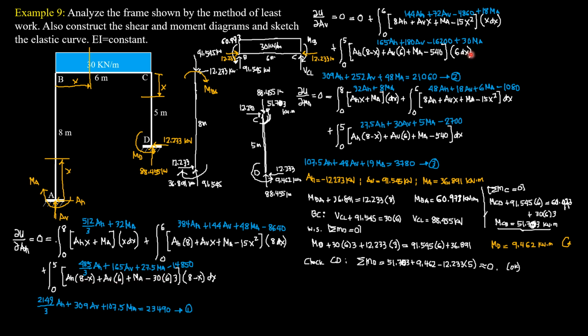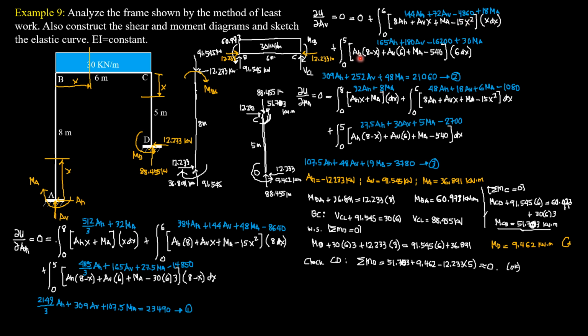So 6 dx. Then the value of the second integral, integral of 8x dx, 0 to 6, 144 AH, integral of x squared dx, 0 to 6, so 72 AV, integral of x dx, 0 to 6, we have 18 MA, and the integral of negative 15x cubed dx is negative 4,860.